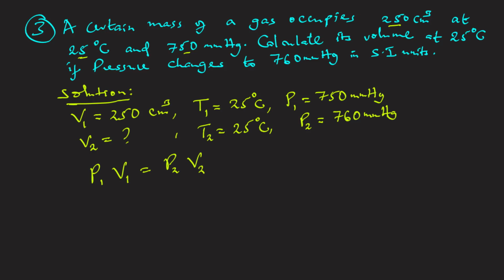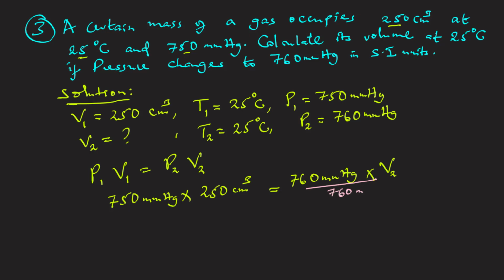Having extracted these values, remember from Boyle's law, P1V1 equals P2V2. Our P1 is 750 millimeters of mercury, times V1, which is 250 cubic centimeters. It must be equal to P2, which is 760 millimeters of mercury, times V2, which we are searching for.